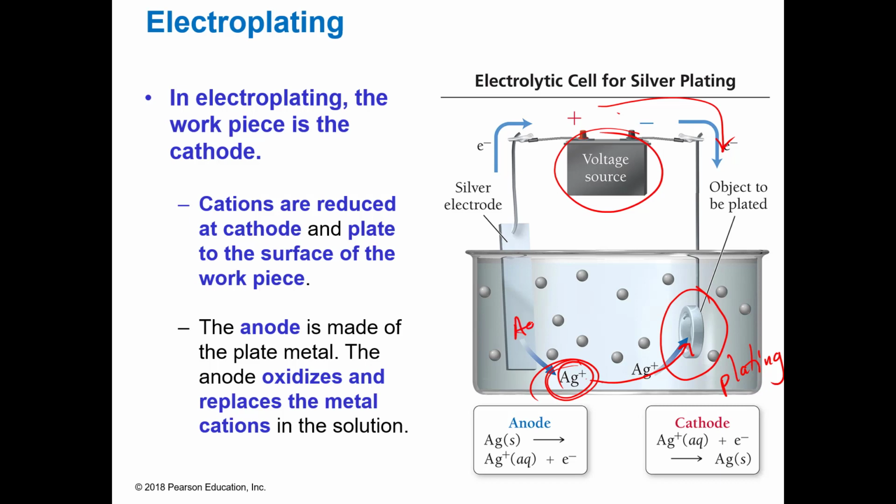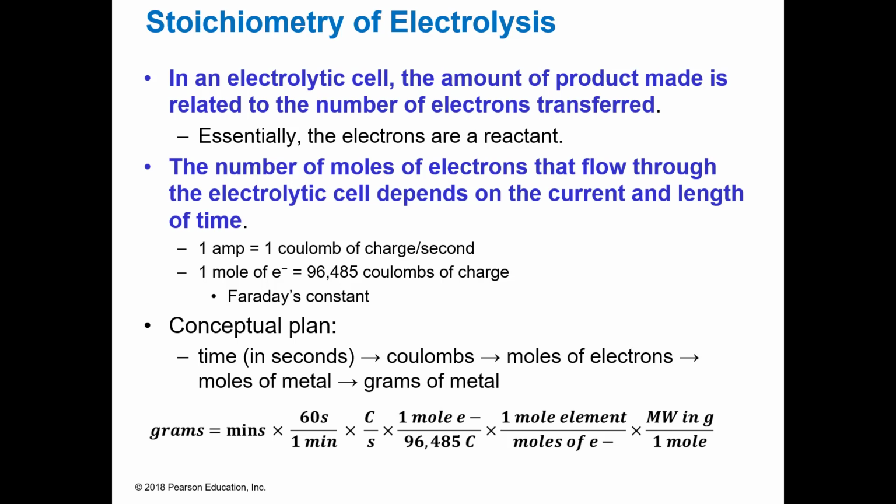And the anode is whatever metal you're using. In this case, it's silver. You can use gold, you can use copper, you can use whatever, and it oxidizes and replaces the metal in the solution. So it's giving you those ions to work with to plate onto the other material. In this electrolytic cell, how much you can make is related to how many electrons you're transferring. Basically, your electrons in an electrolytic cell are your reactant.